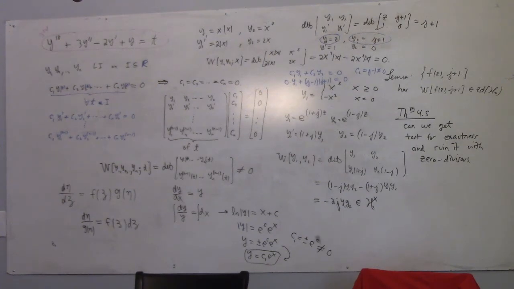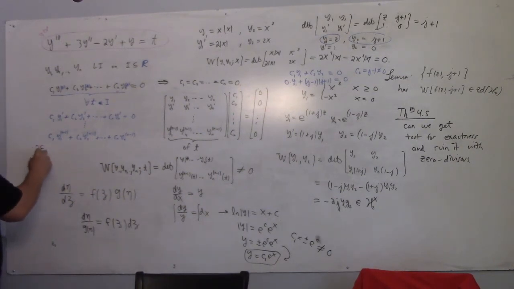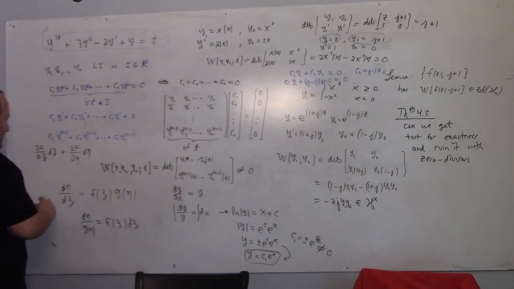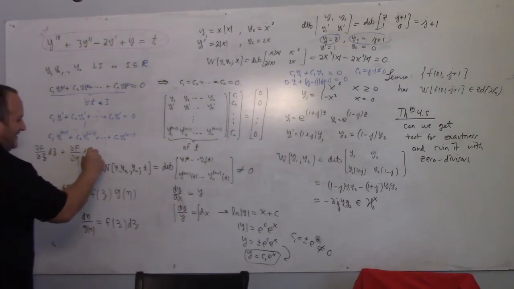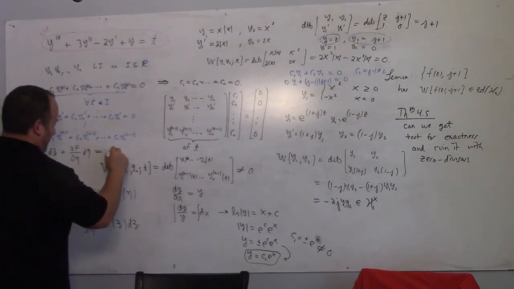So when you look at M d zeta plus N d eta, that becomes partial f partial zeta d zeta plus partial f partial eta d eta. So this is, quote unquote, the total differential of f.